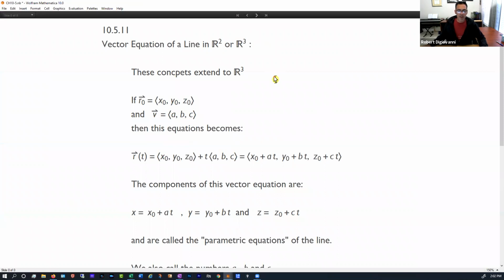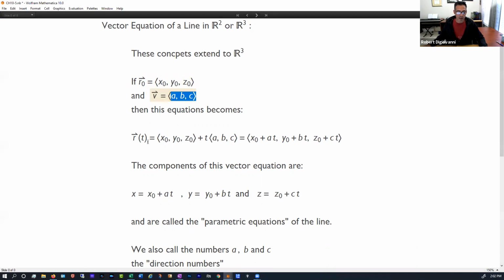Okay, what else? Let's go to the next idea here. Everything we just did in 2-dimensional space extends into 3-dimensional space. If we have a point in 3-dimensional space, x naught, y naught, z naught, we can create a vector from it, which we call r naught. And if we have a direction vector ABC, not AB, but ABC, then the vector equation of the line is just r naught plus t times v.